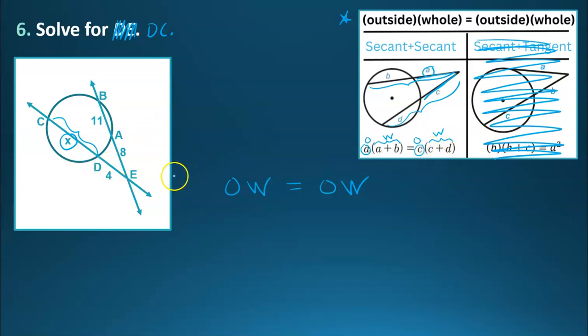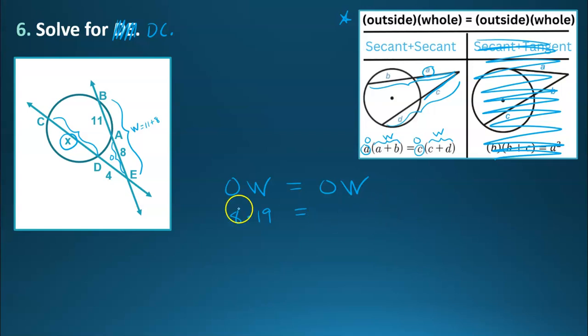Let's look at this BAE line first. The outside is just that part there, that's 8. The whole length, including the inside and outside parts, is going to be 11 plus 8. So that's 8 times 19.